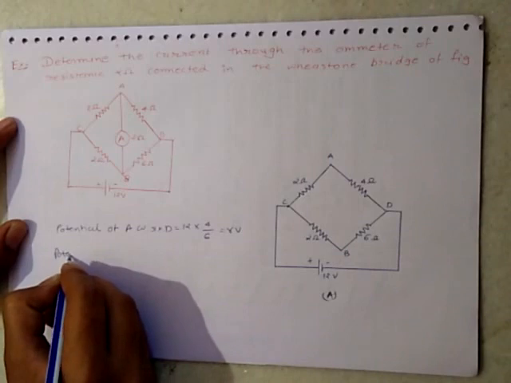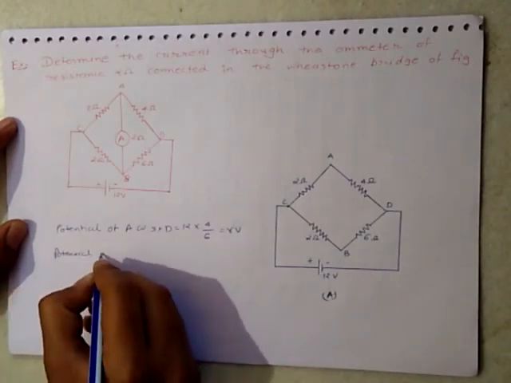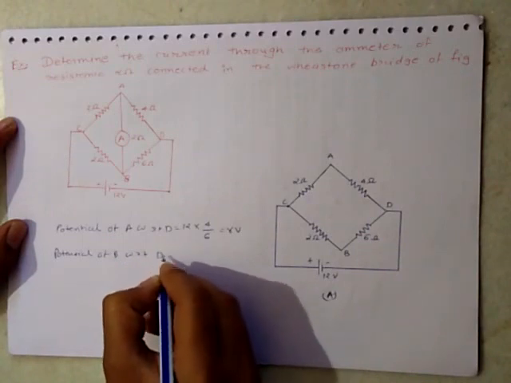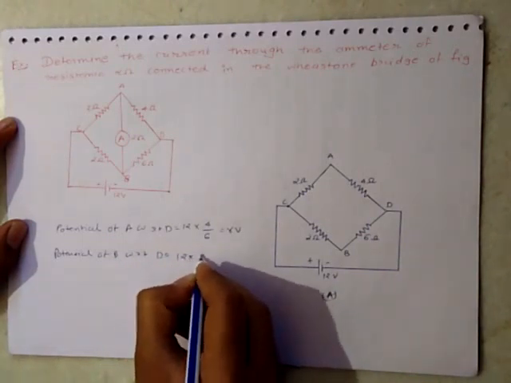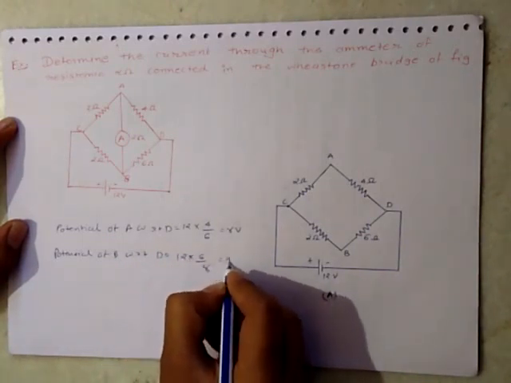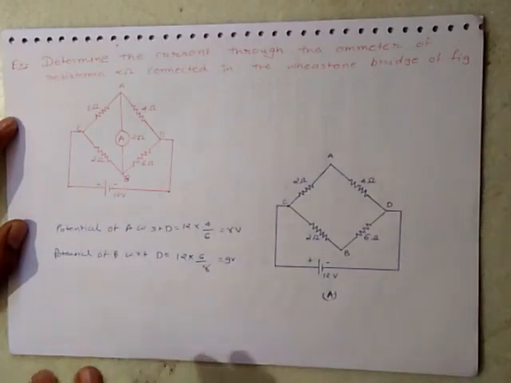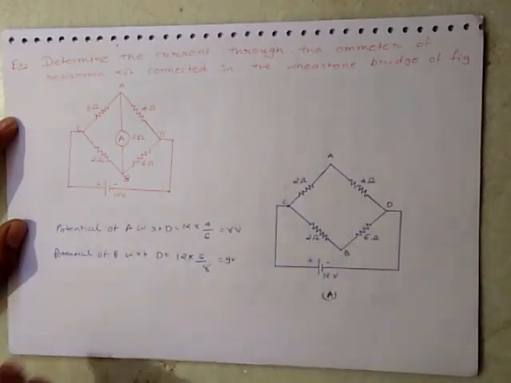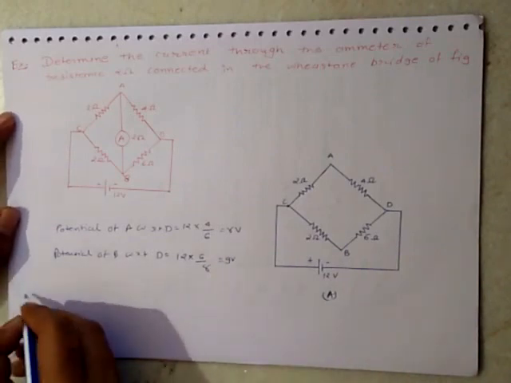Now the potential of B with respect to D will be equal to 12 multiplied by 6 divided by 8. Here 8 stands for the 6 ohm plus 2 ohm in series combination.